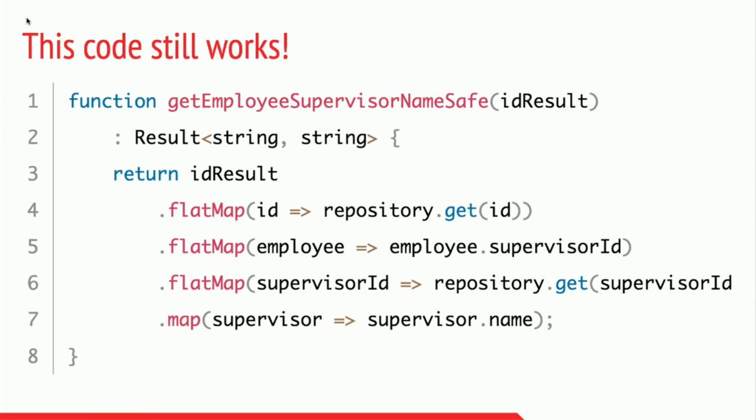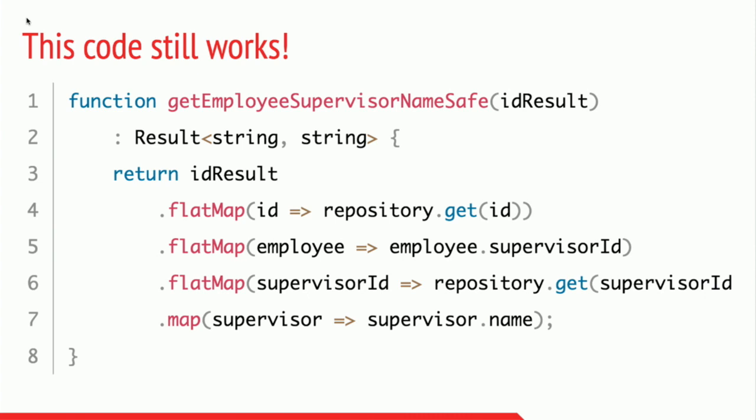The interesting part is that if we take this get employee supervisor name function from the option example, I've only changed the type signature. It takes a result and returns a result, but the rest is completely the same. So I've got a new function with a new behavior with exactly the same body.